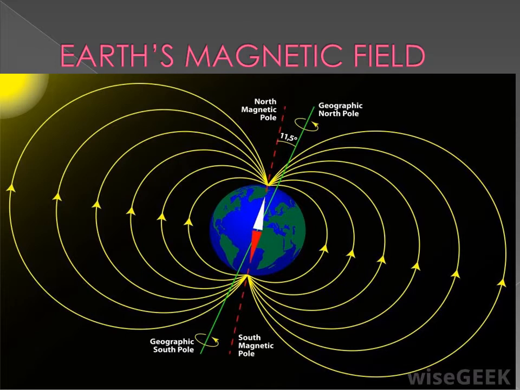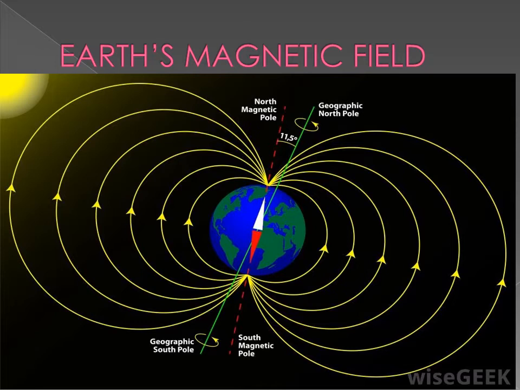Day and night occur because the Earth spins about an axis called the geographic axis. A vertical plane passing through the geographic axis is called the geographic meridian, and a great circle perpendicular to the geographic axis is called the geographic equator.